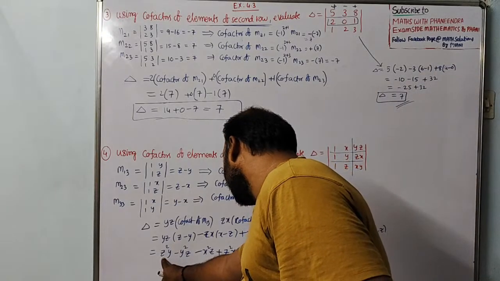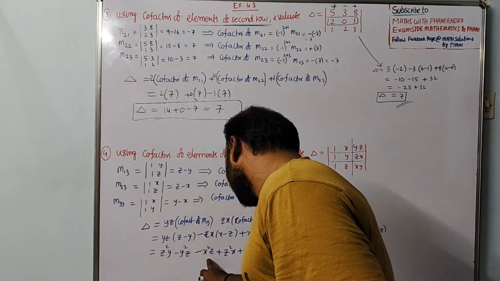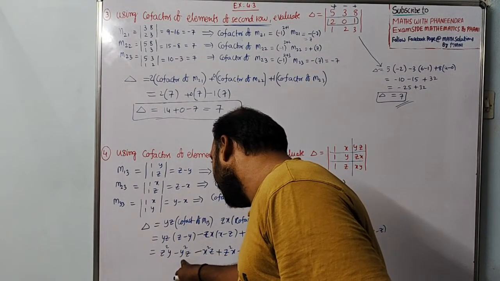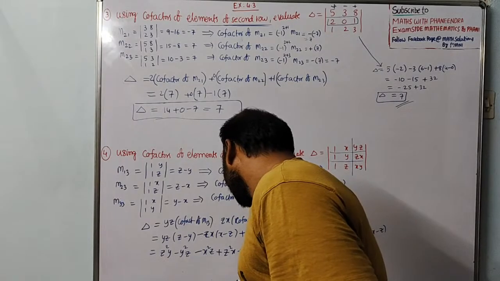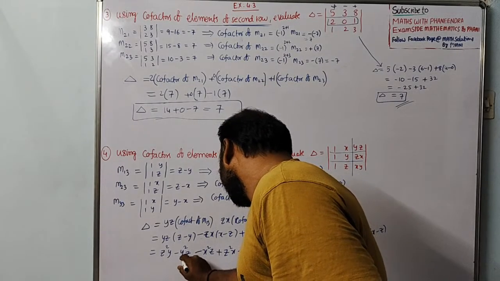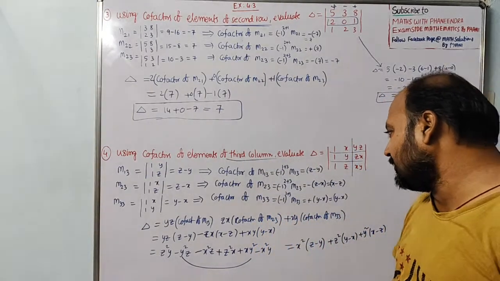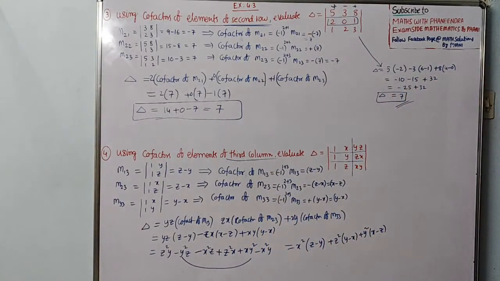From these two, zy, if we take out common, z square y minus y square z, y square. Any one of them is going to get cancelled, then only it comes. Easy that.